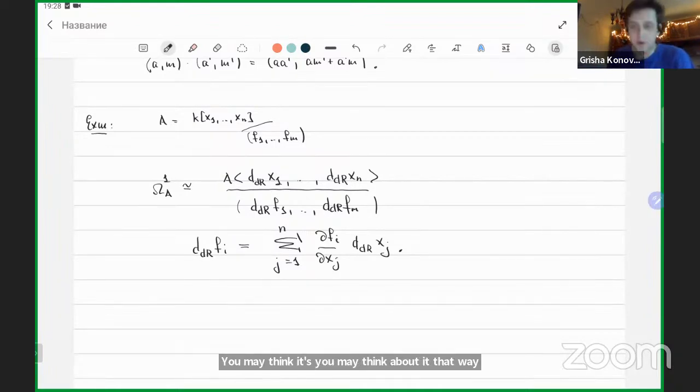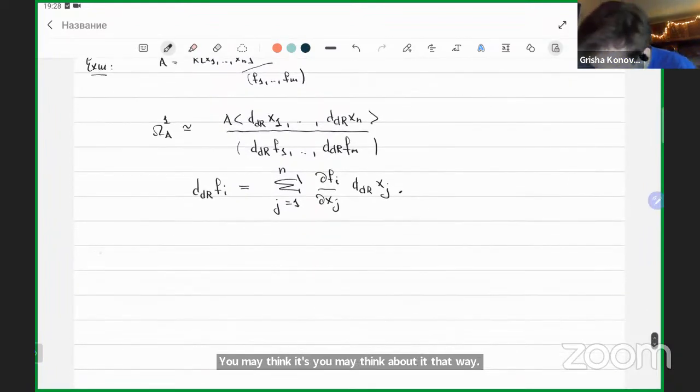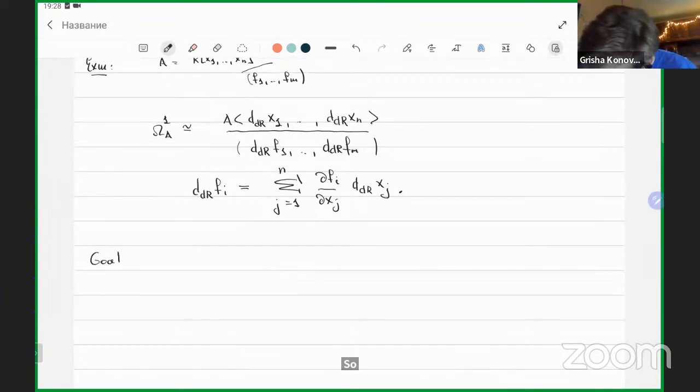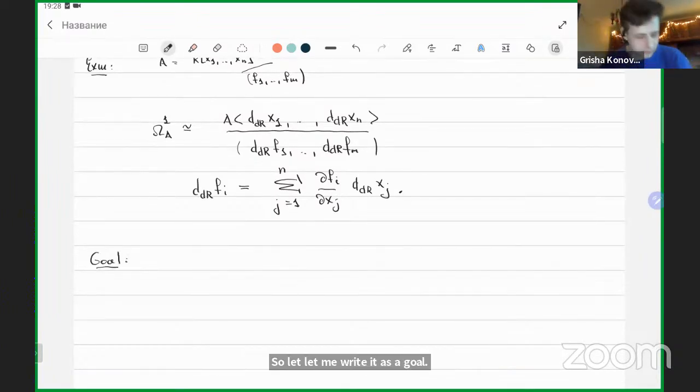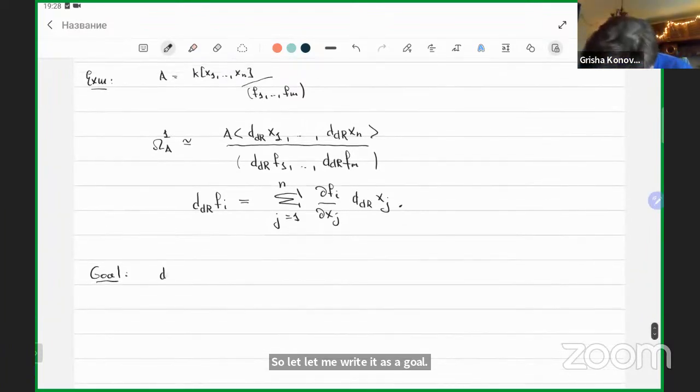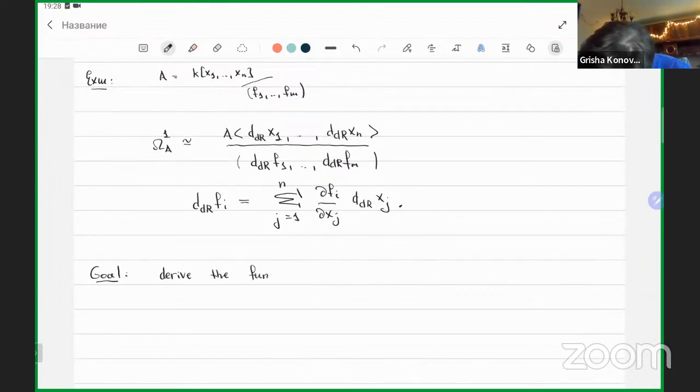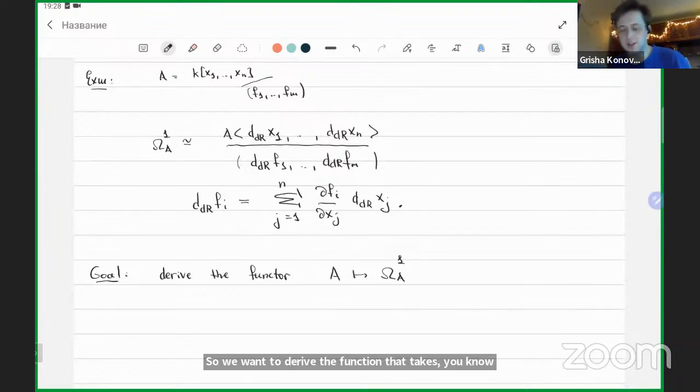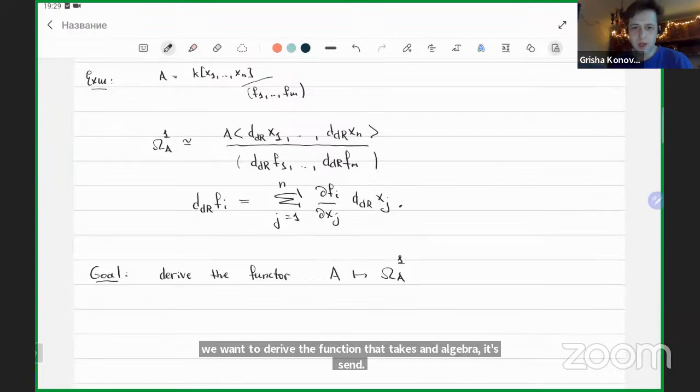So let me write it as a goal. We want to derive the functor that takes an algebra and sends it to the module of Kahler differentials of that algebra.